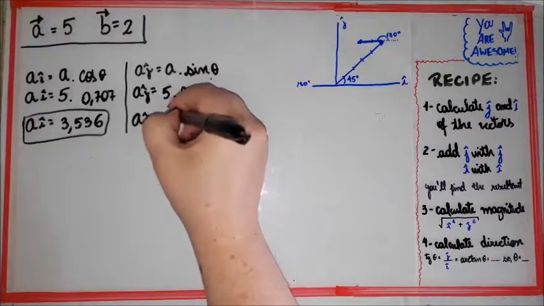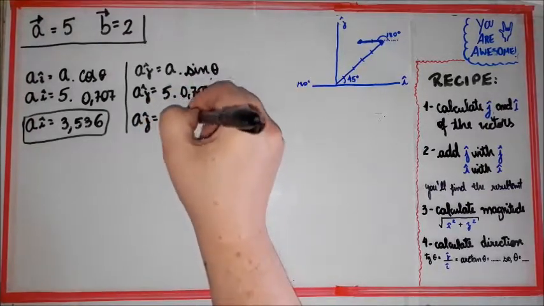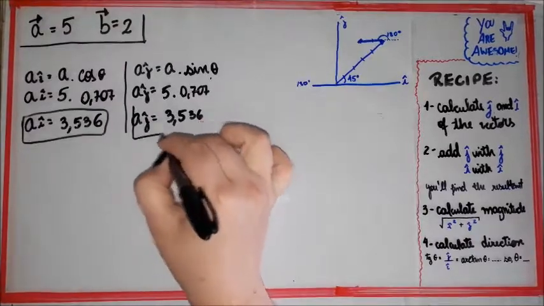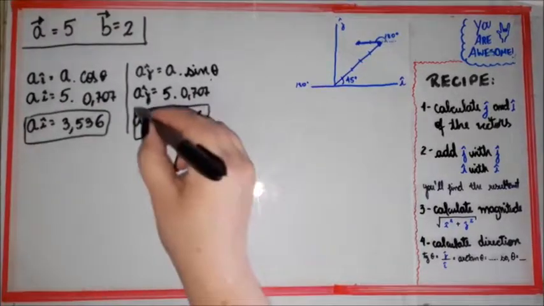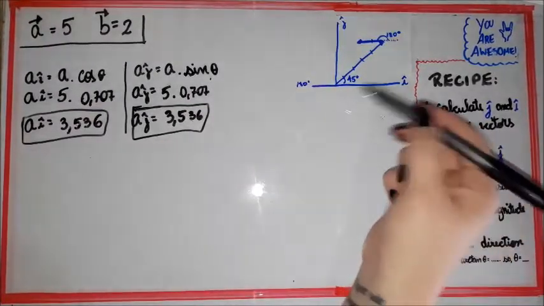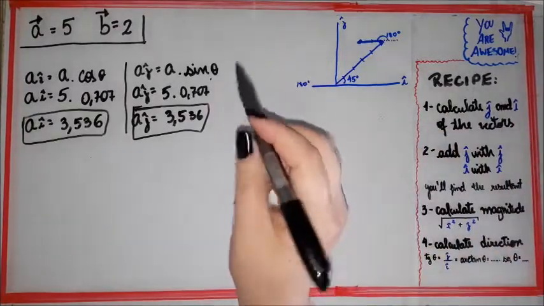A j hat is equal to 3.536. It's going to be the same because 45 degrees has the same cosine and sine.